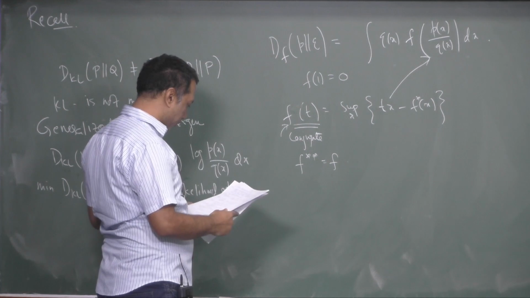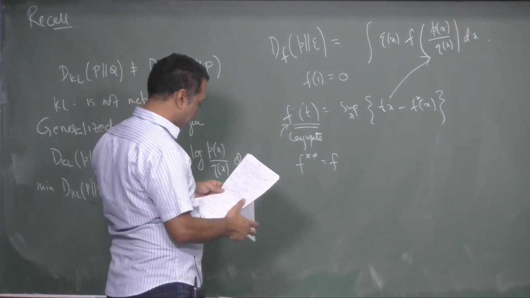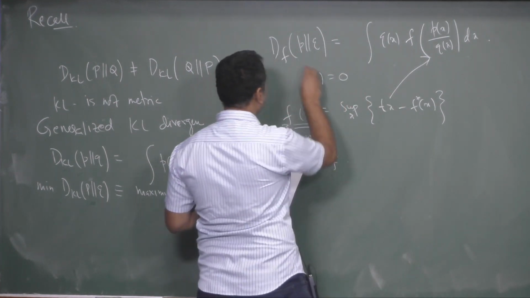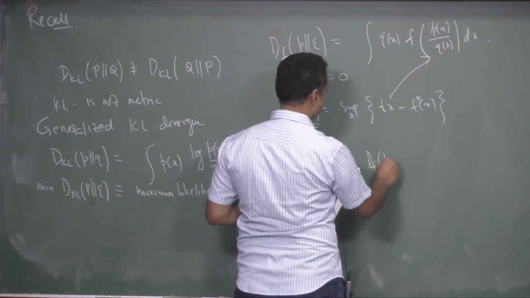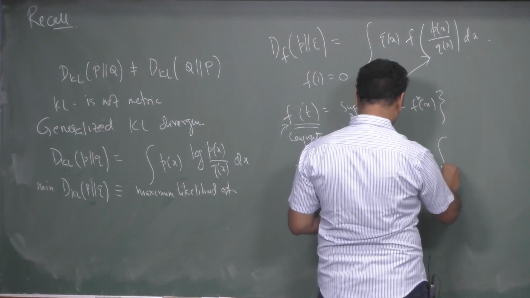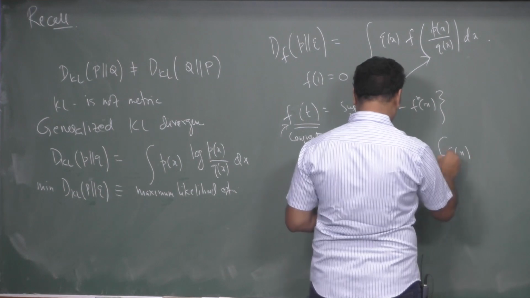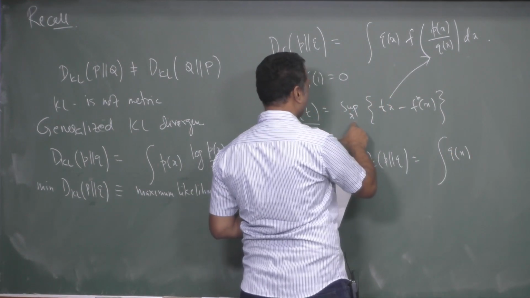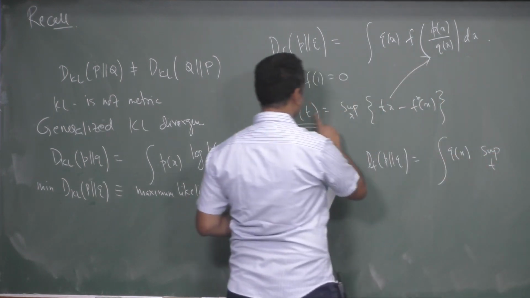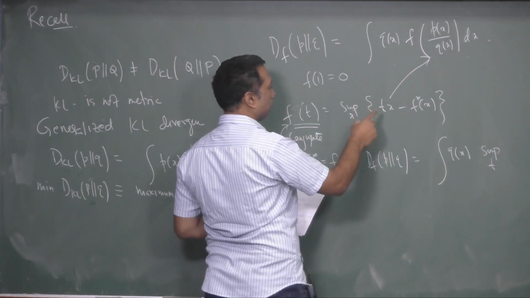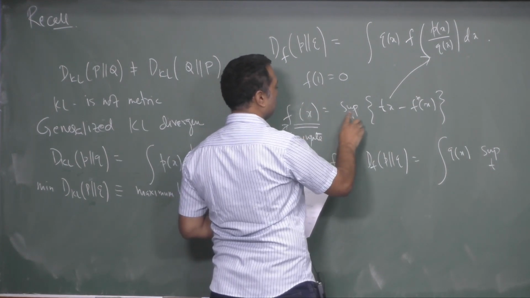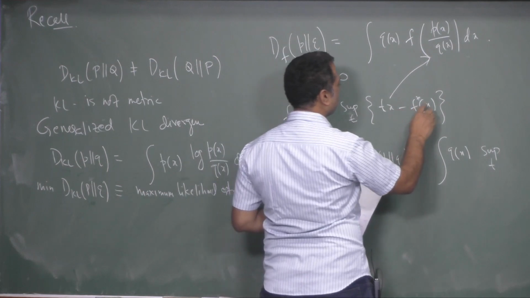So the way our F divergence changes is D_f(P||Q) is the integral of Q(x) times this supremum over T. Actually, when we change this to f(x), we will swap x and t. We want to change to x, then this becomes t, and this becomes t.